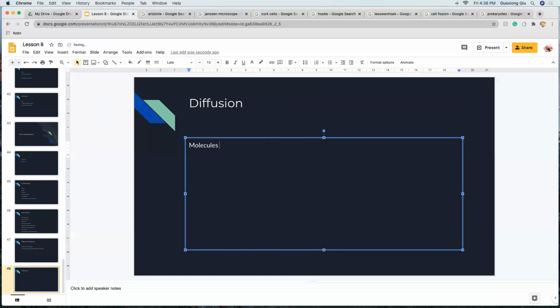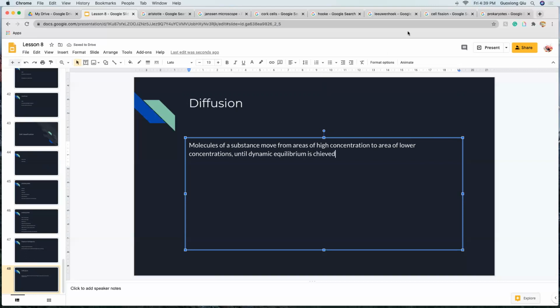Molecules of a substance move from areas of high concentration to areas of lower concentration. They keep moving like that until what is known as dynamic equilibrium is achieved.